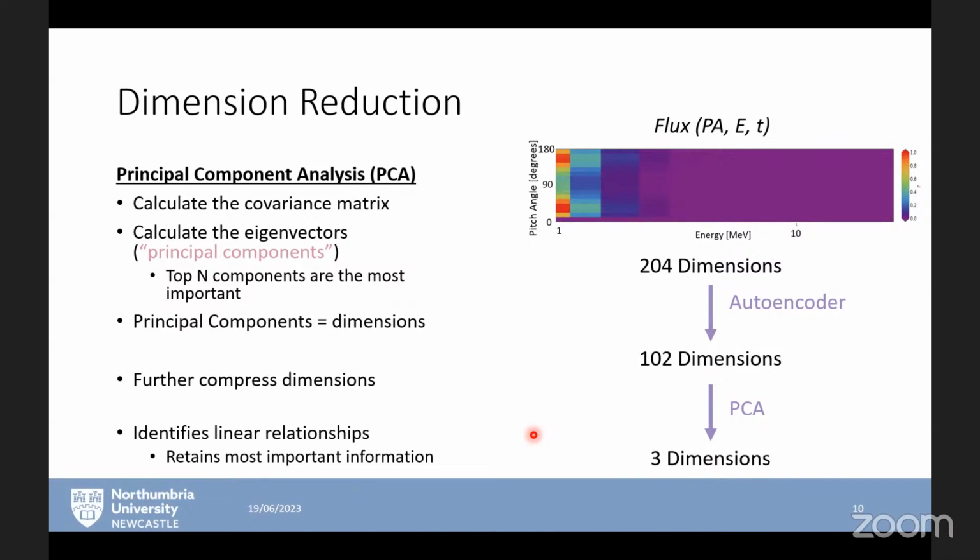So to further compress the number of dimensions of the data, we took the top 3 principal components. And we applied PCA after an autoencoder, as we wanted to ensure that we're retaining the most important information. It's also pretty handy in identifying any further linear relationships in our data.